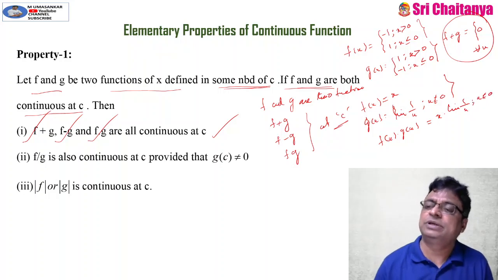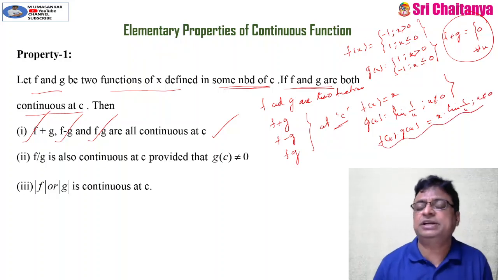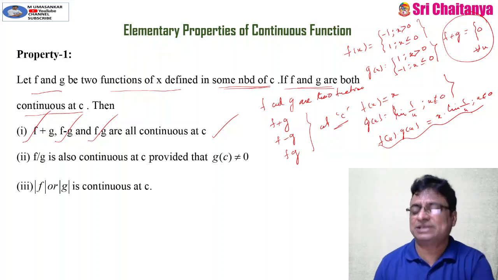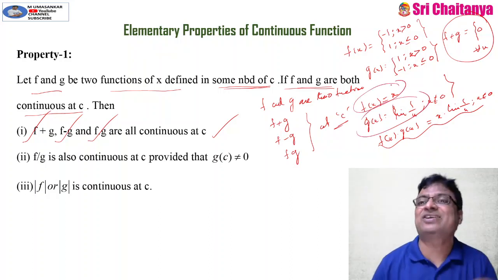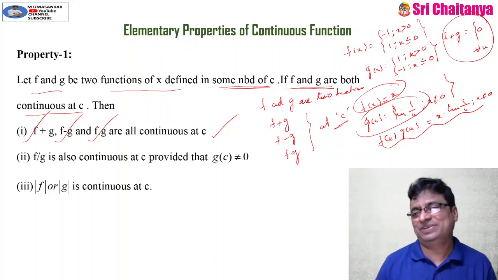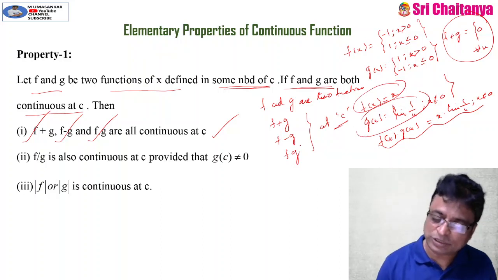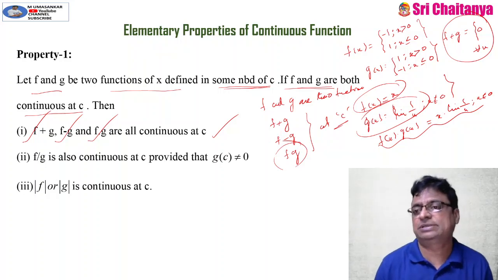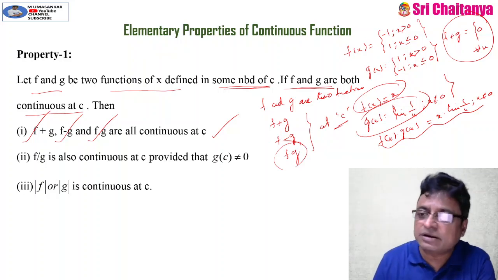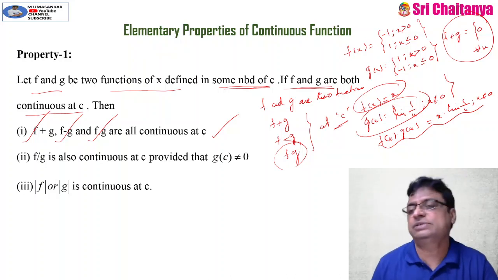No doubt, f of x into g of x is continuous at x equal to 0, whereas f is continuous at x equal to 0, but g is not continuous at x equal to 0. This is another example. Though the product of two functions is continuous, both the functions are not necessarily continuous.